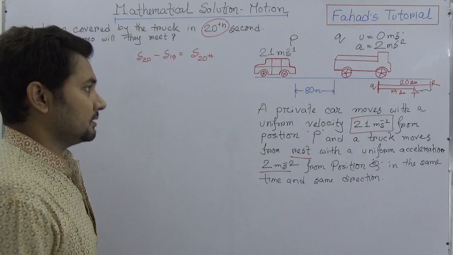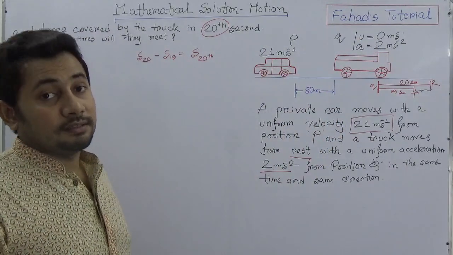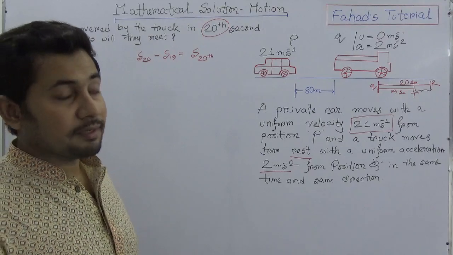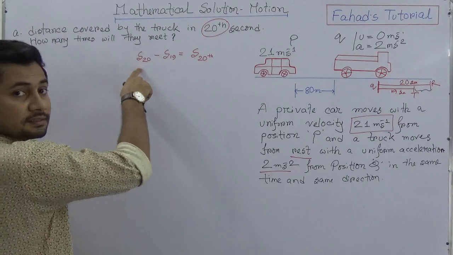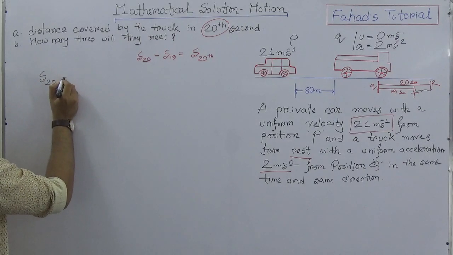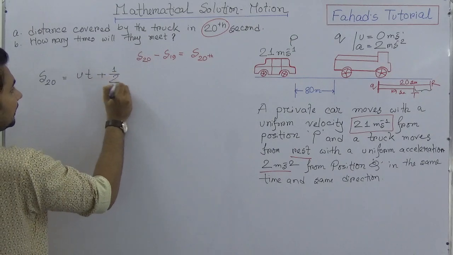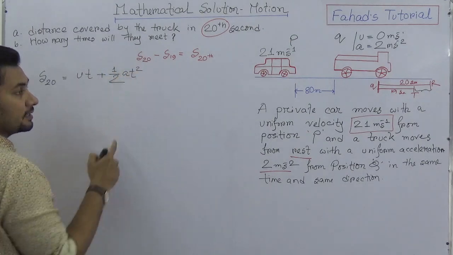So how can we do it? We know that the initial velocity and the acceleration are given, so we need to find this. The distance covered by the truck in 20 seconds is s equals ut plus half a t square.